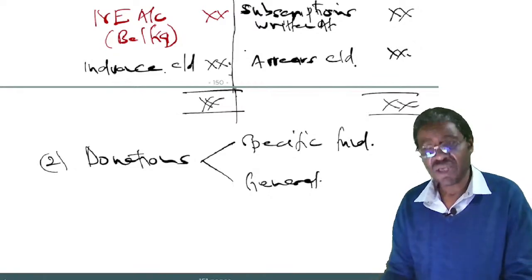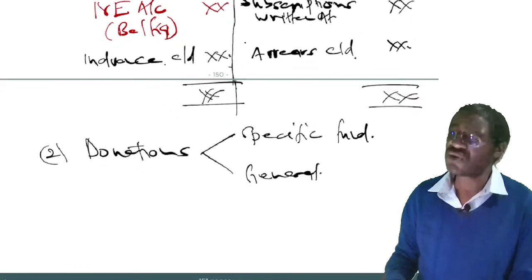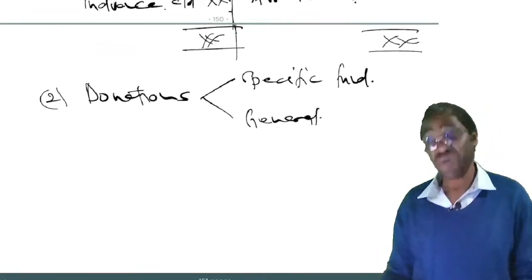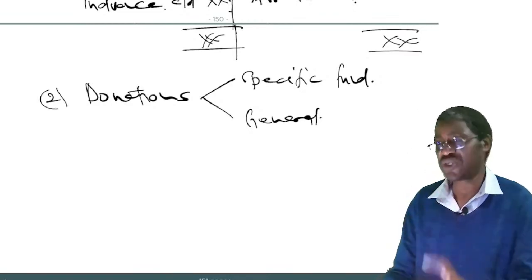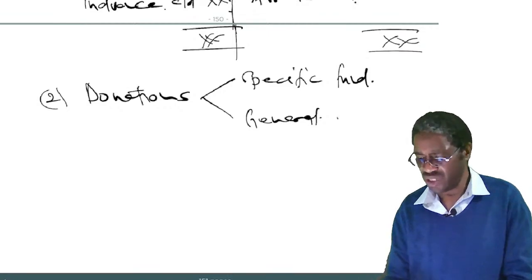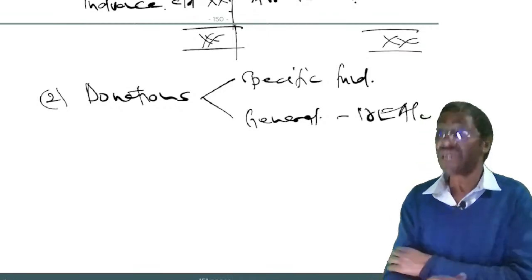Are you there? But listen now, if you received a general donation for the normal running of your business, to meet the general running expenses, then you take it to the income and expenditure account as normal income.